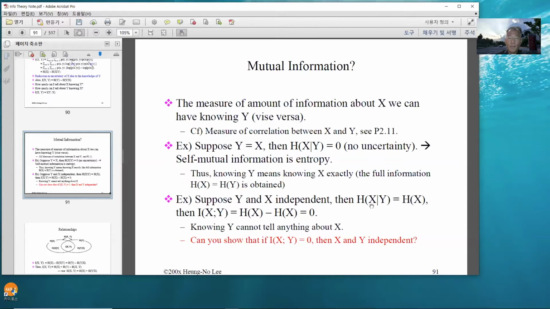Because X is independent of Y, conditioning with Y has no effect.